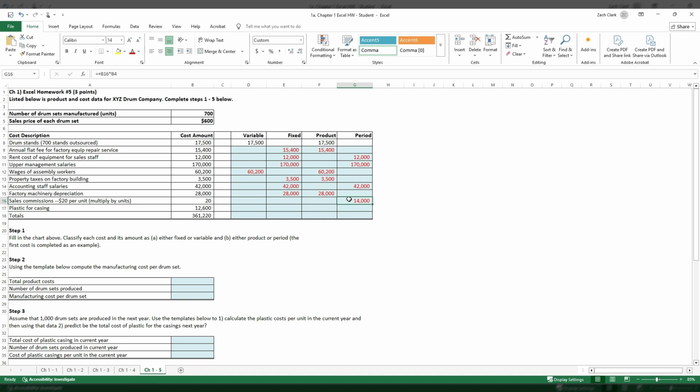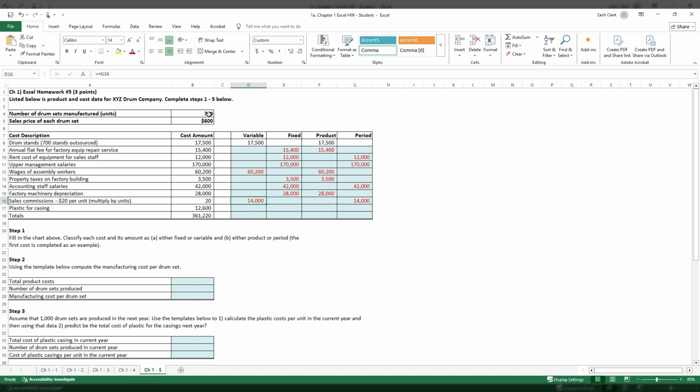And so 14,000 in total would be the cost of commissions, and that's a period cost because it's sales, or sales and admin versus production. What's interesting in this instance, because we've had all fixed costs related to period costs so far, is that we're actually going to have this as a variable cost because it is directly related to sales.